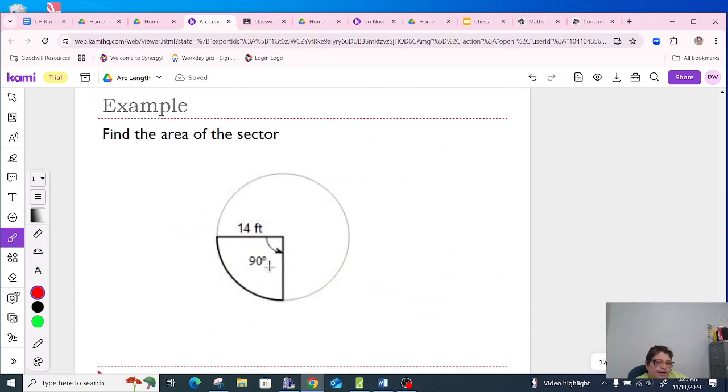So if I wanted to find, and now we would use square units though, because you're talking about area. So this would be 90 over 360 times pi times 14 squared.